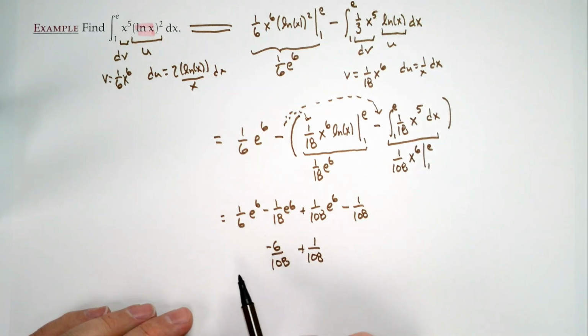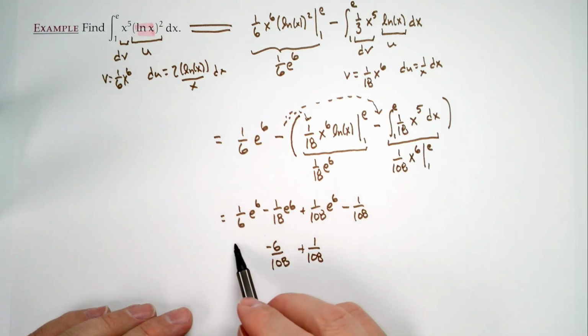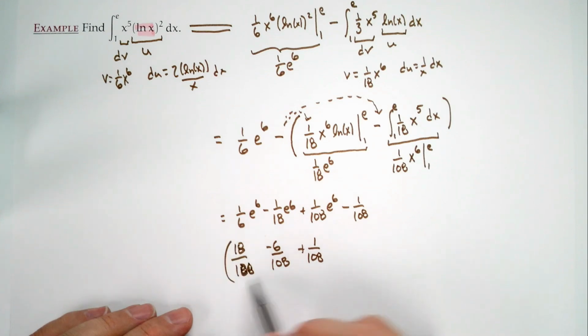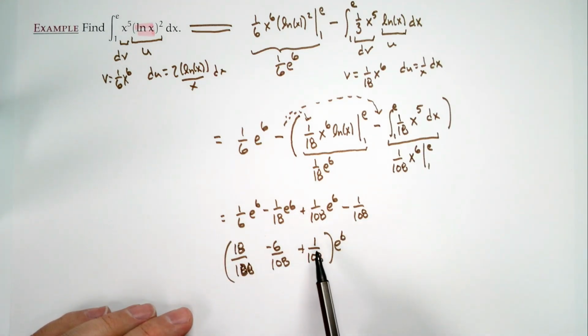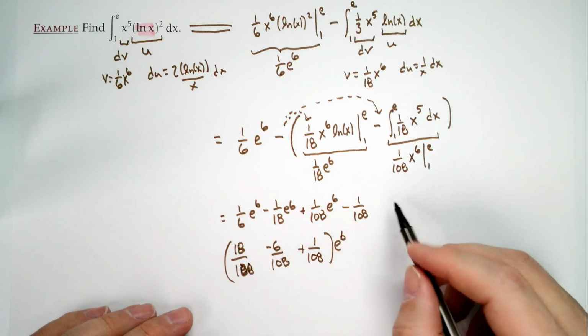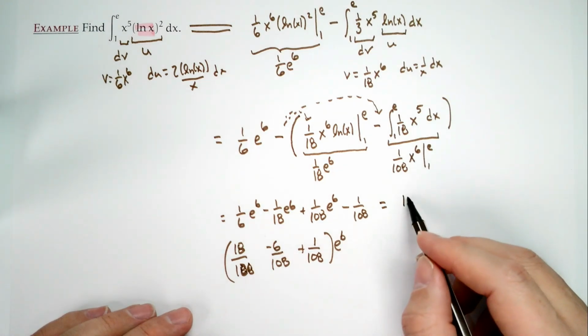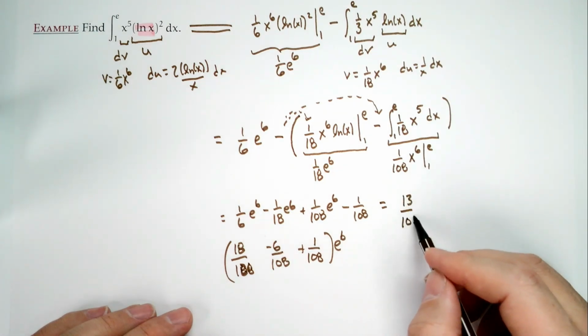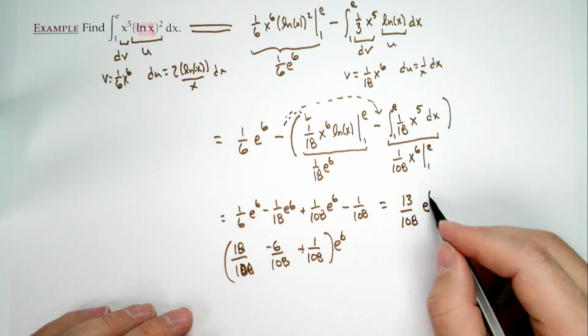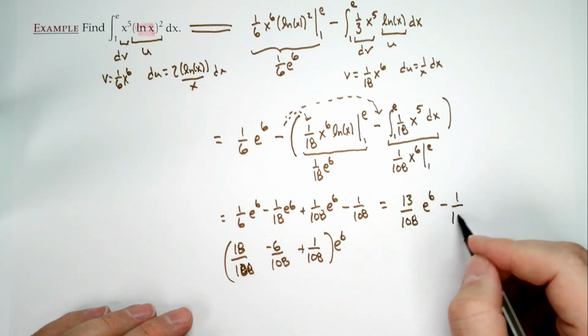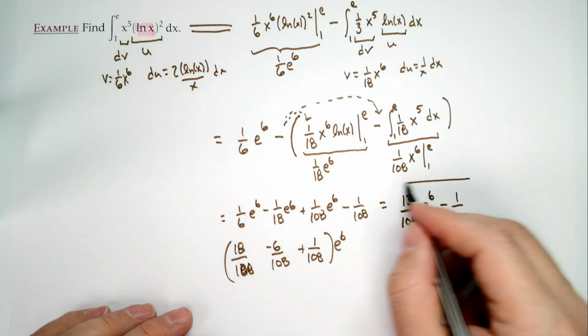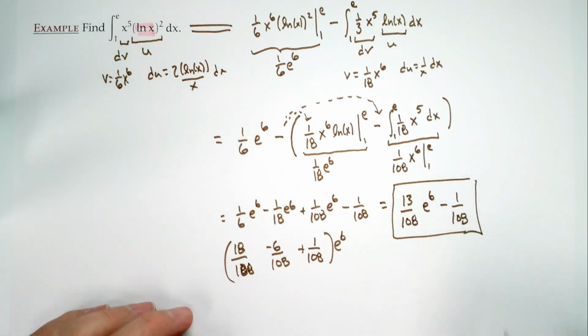And to get from 6 to 108, you multiply by 18, so this is 18 over 108. And factor out the e to the 6. 18 plus 1 is 19, minus 6 is 13. And 13 and 108 have nothing in common. So it's 13 over 108, e to the 6 minus 1 over 108. And that's our answer.